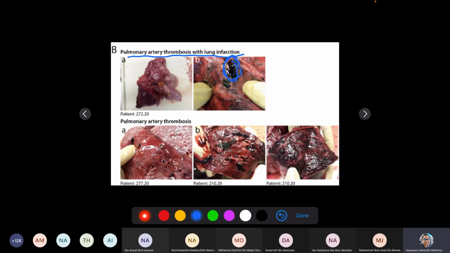So this is very low compared to if you contracted the COVID-19 virus or infection.